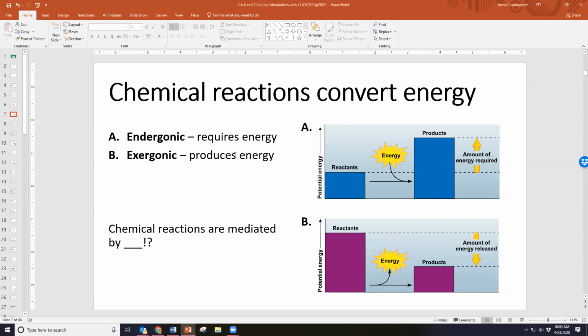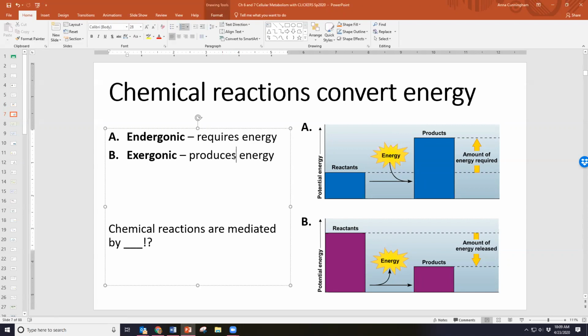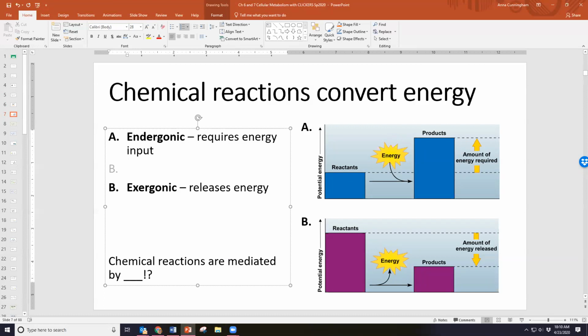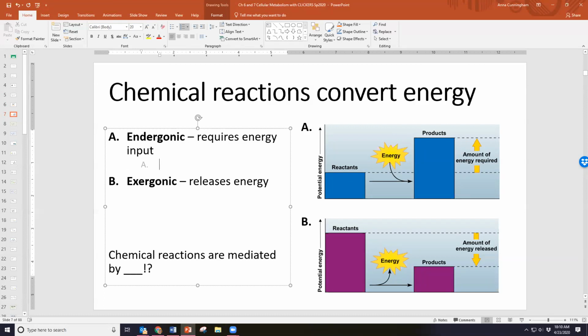Ooh, did we see a big old mistake on this line? Produces, do we produce energy? No. Releases energy. And then we can say requires energy input. So an endergonic reaction means that we are taking energy and storing it, right? We're requiring energy being put into this reaction. So this would be putting energy into the building of bonds, so this would be anabolic.